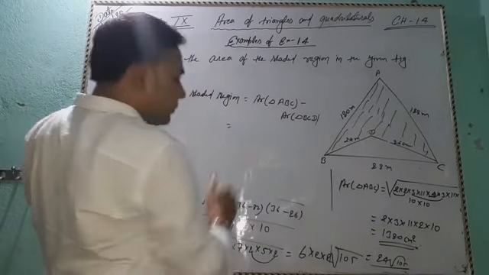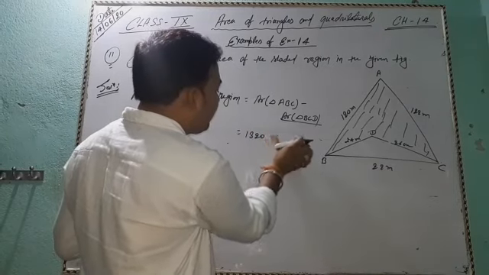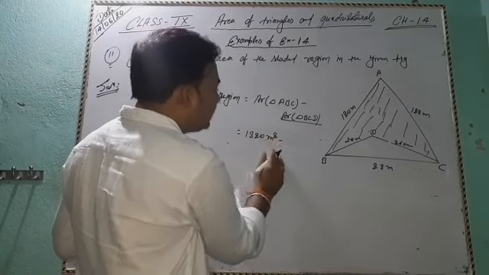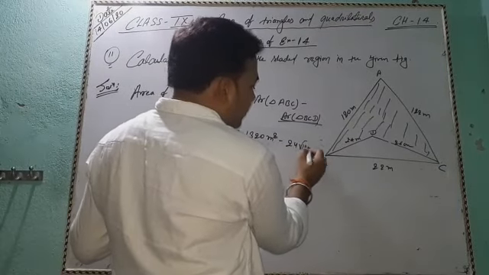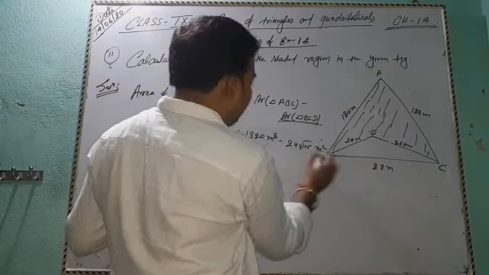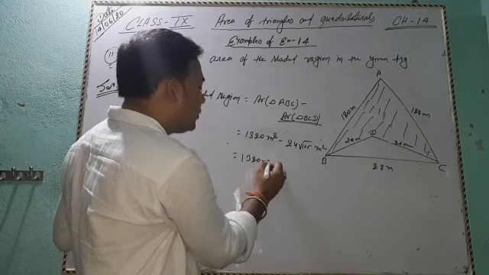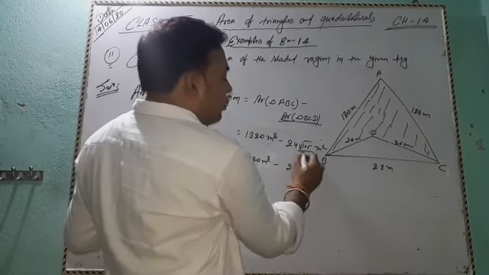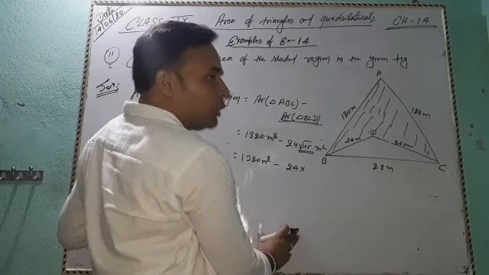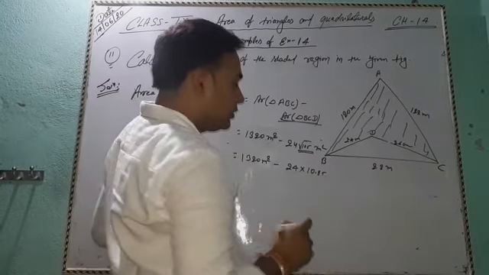Okay, so area of triangle ABC equal to 1320 square meter minus area of triangle BCD equal to 24 root 105 meter square. Okay, so 1320 meter square minus 24 multiply root under 105, the square root of 105 equal to 10.25 approx.